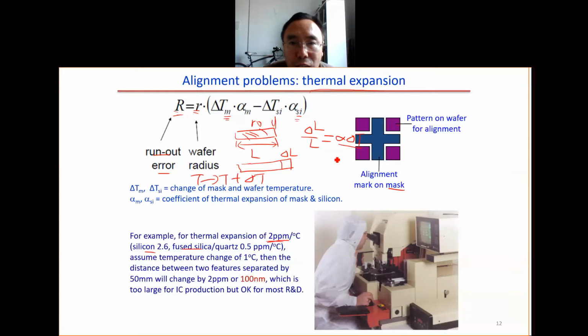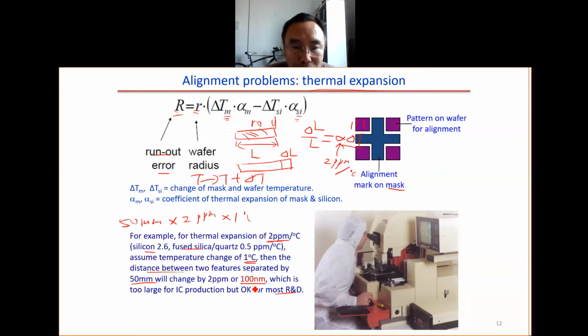If we take alpha as 2 ppm per degree, and we have a 1 degree temperature difference, and the distance between the two marks is 50 millimeters, then 50 millimeters times 2 ppm per degree times 1 degree gives you 100 nanometers. This is okay for research. This is not a big problem.